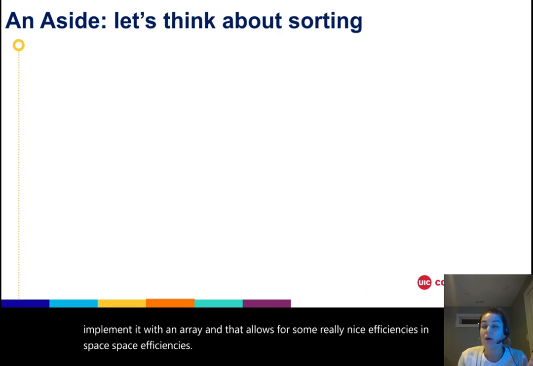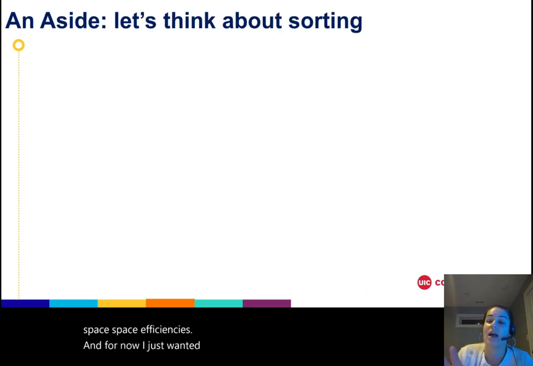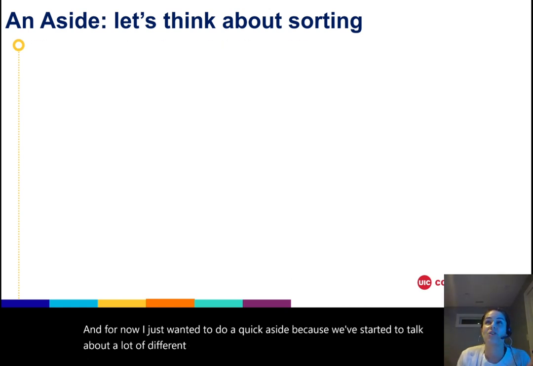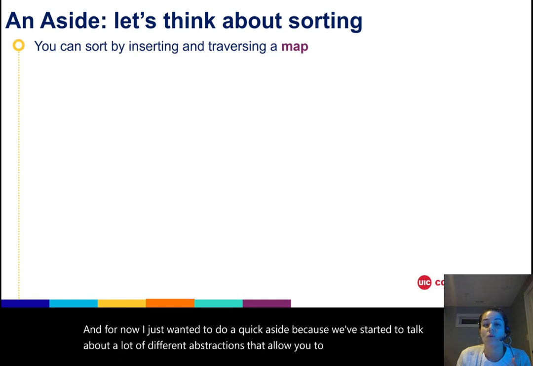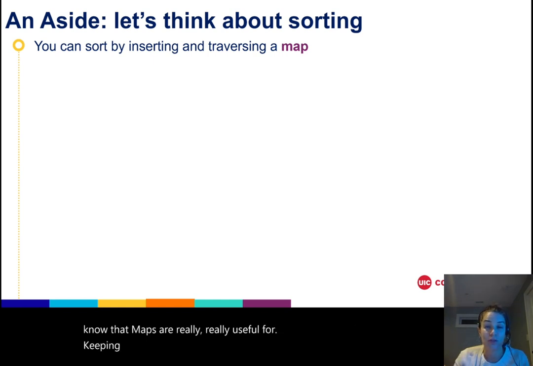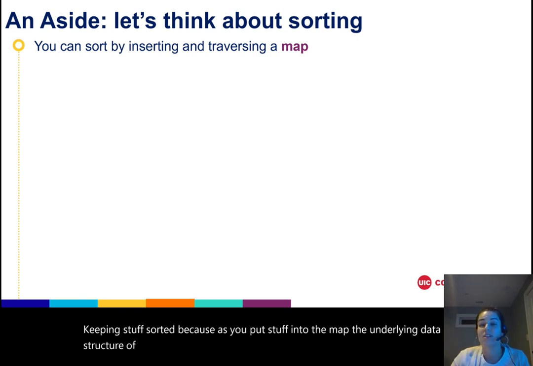For now, I just wanted to do a quick aside because we've started to talk about a lot of different abstractions that allow you to keep things sorted. We know that maps are really useful for keeping stuff sorted because as you put stuff into the map, the underlying data structure of the map container in C++ keeps it sorted.